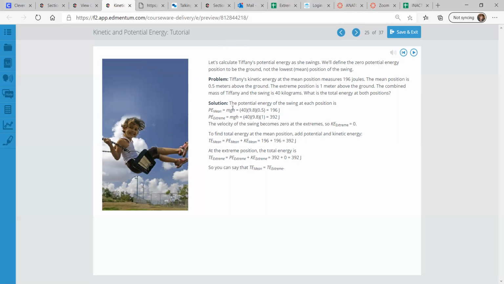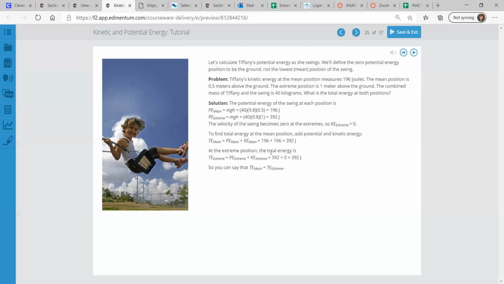We calculated the potential energy at that same point, and that is 196 joules. So to find the total energy, you add the potential energy, which is 196, and the kinetic energy, which is 196 as well. And 196 plus 196 is 392 joules.